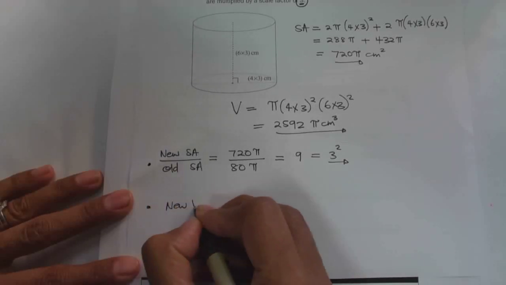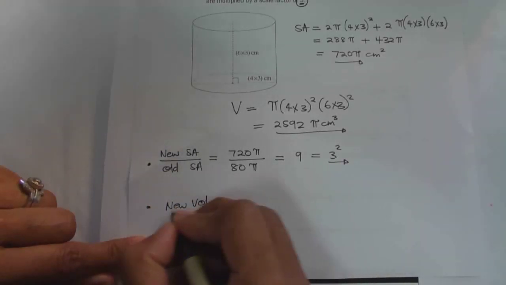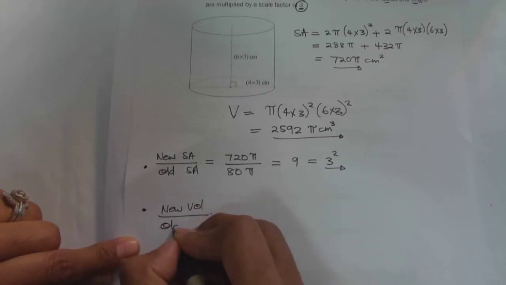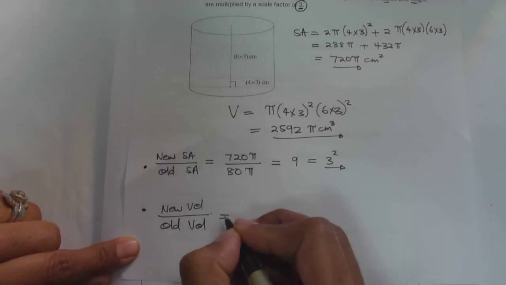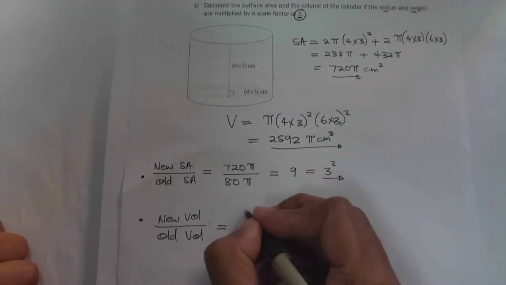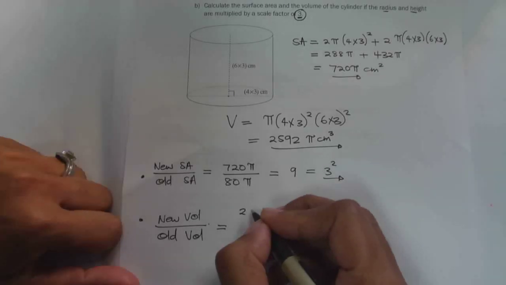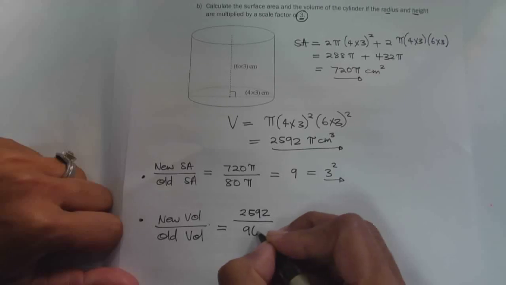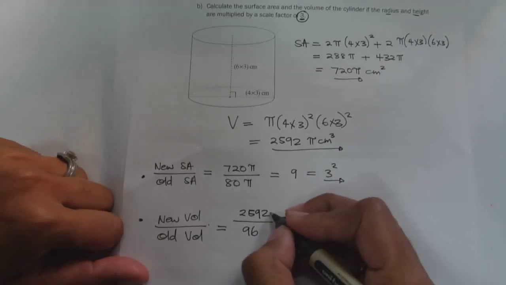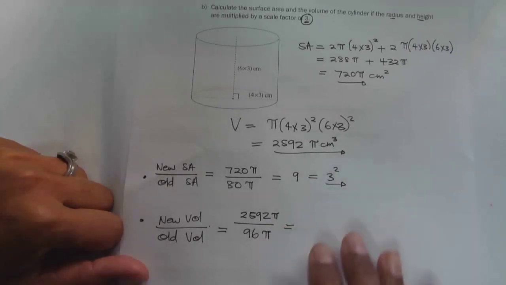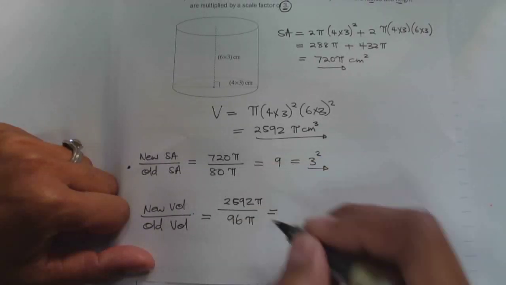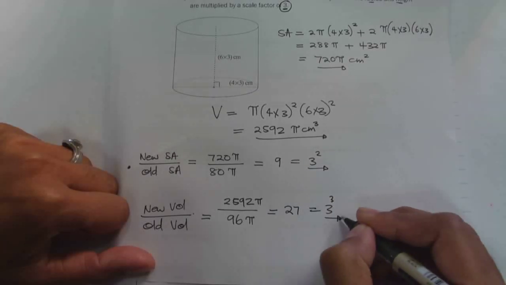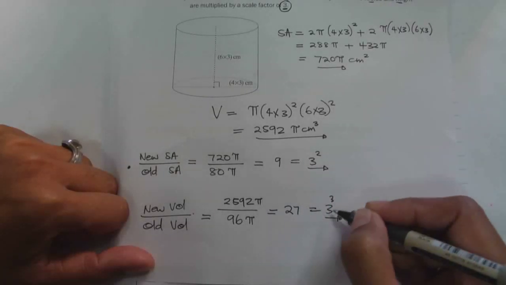New volume divided by old volume, that's equal to 2592 pi divided by 96 pi. Remember, pi is still part of the answer. That is equal to 27, and we represent it as base 3. That's 3 squared and that's 3 cubed.